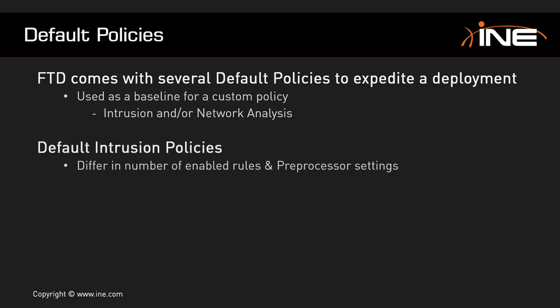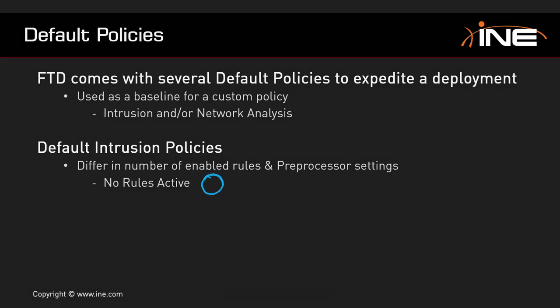Now, the difference between those policies is all about the number of enabled or active rules and also enabled preprocessors and their settings. So Cisco gives us a couple of options for what we can use as our baseline, depending on how secure an environment you want to build. We have the simplest policy, which is called no rules active.